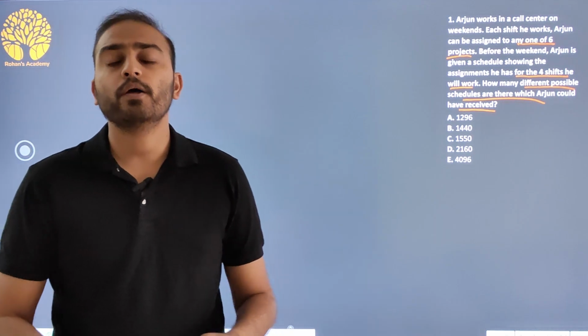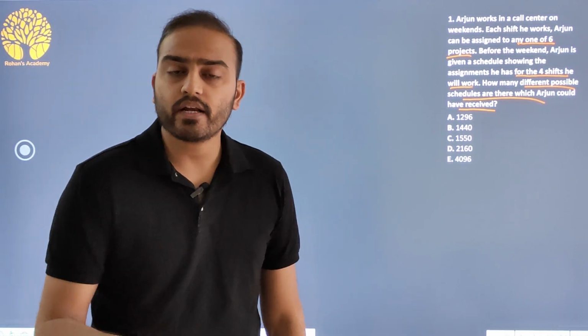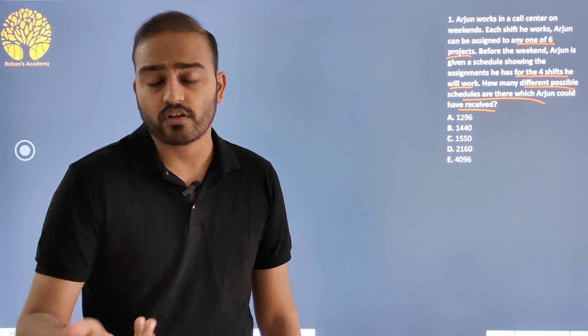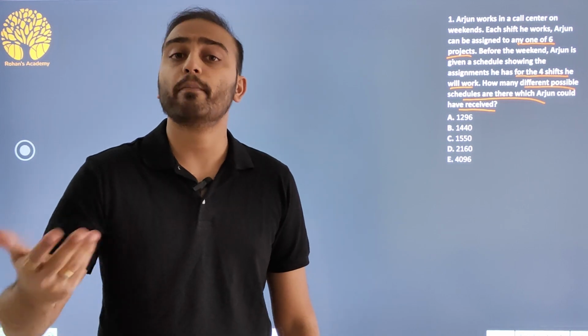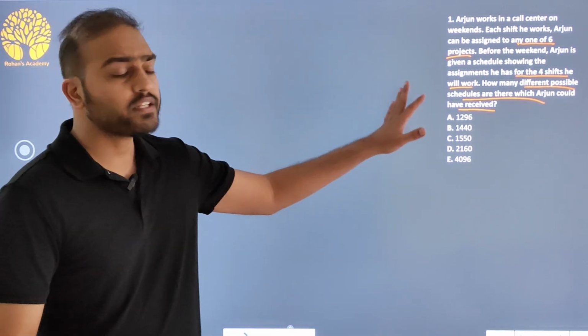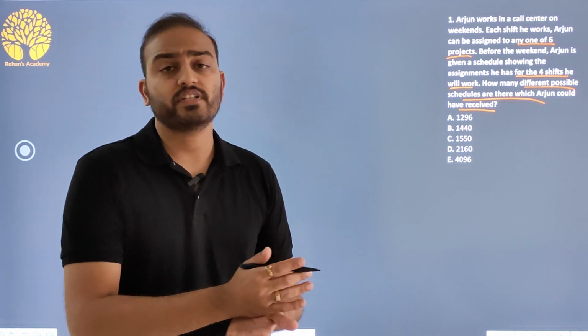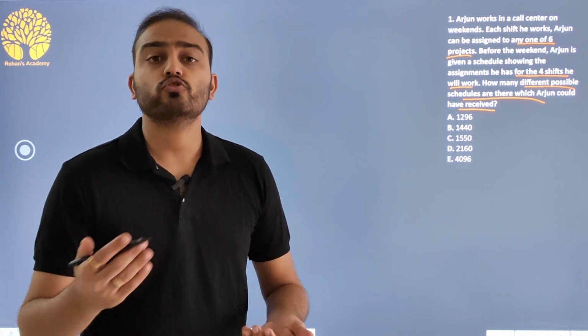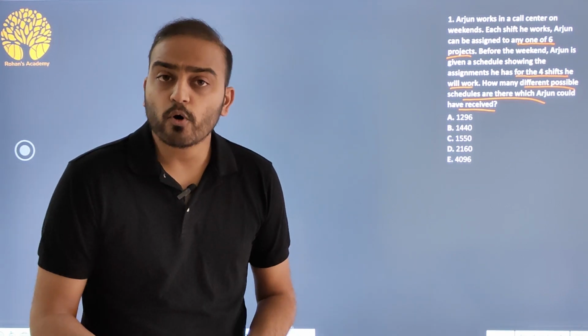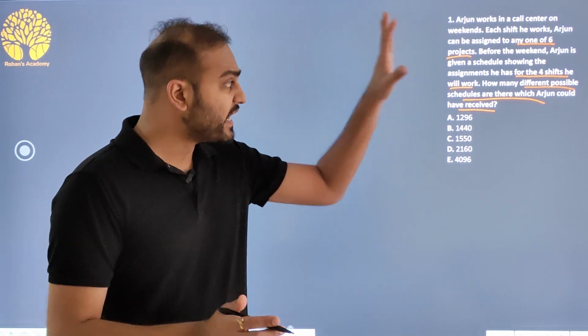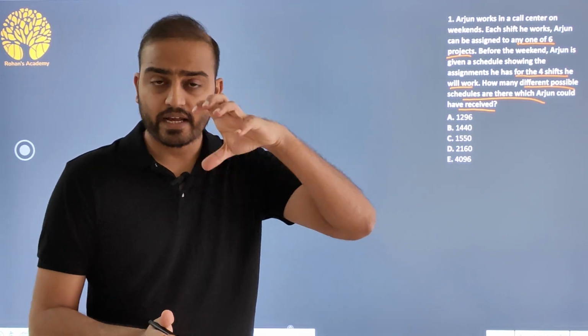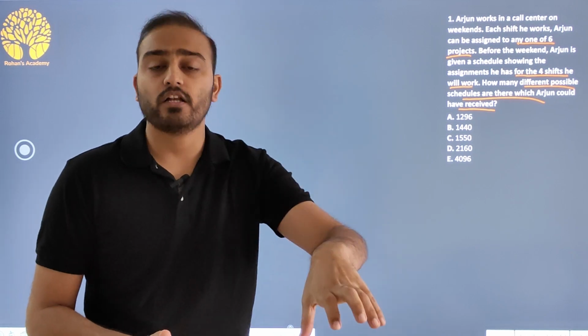Can the same lab be repeated? Can you work in the physics lab again and again, or the chemistry lab again and again? If you just read the question, that is possible, because they don't say that the labs can't repeat. So I can do multiple shifts in the same lab. By reading this question and thinking about it, I understand that repetition is allowed.